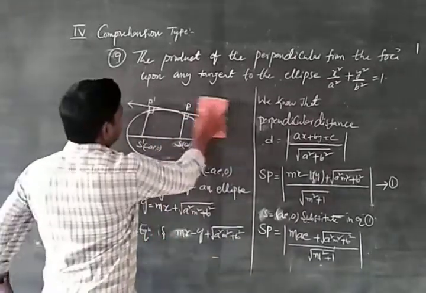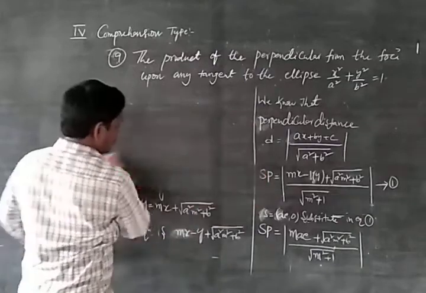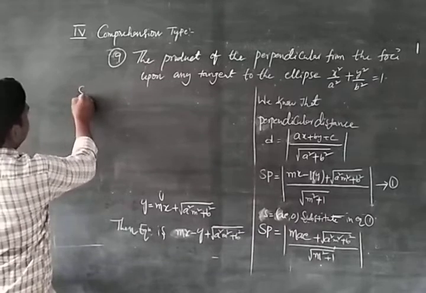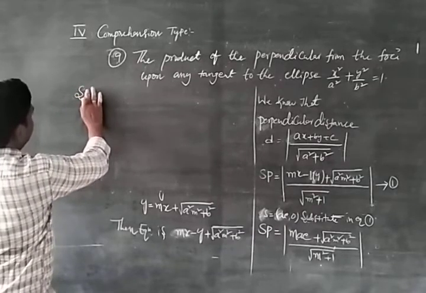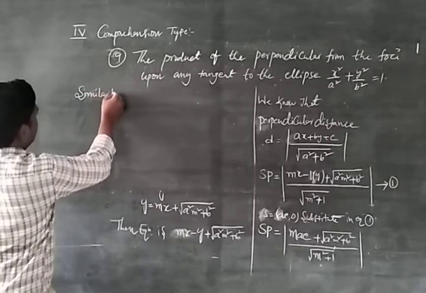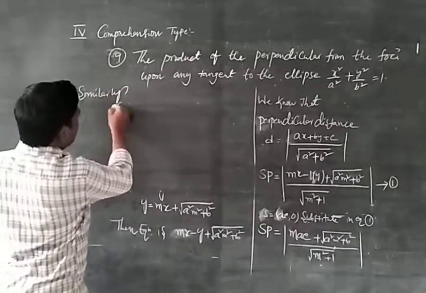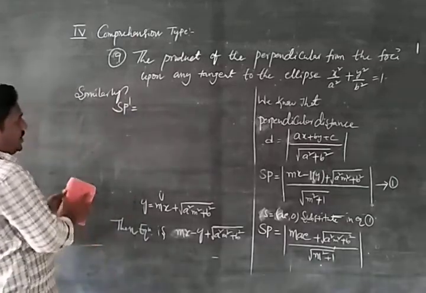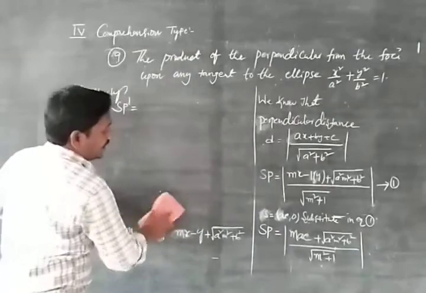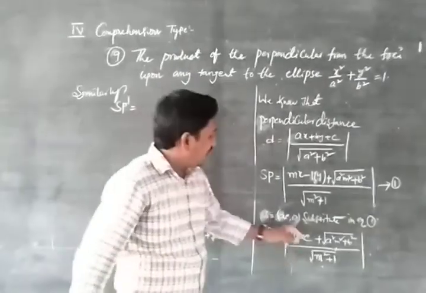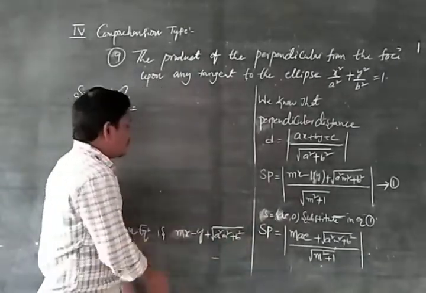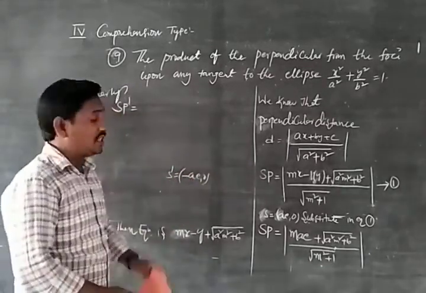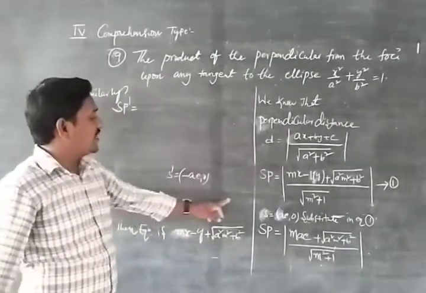Similarly, SP dash: for S dash equal to (minus ae, 0), we have to substitute minus ae in the place of x and 0 in the place of y.